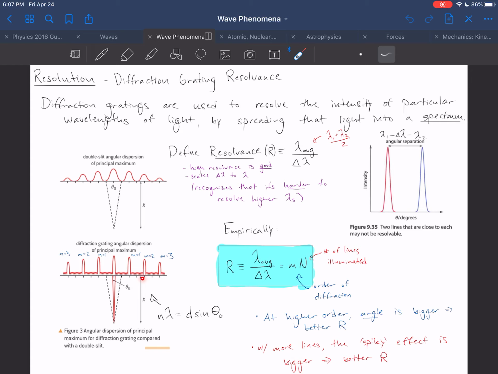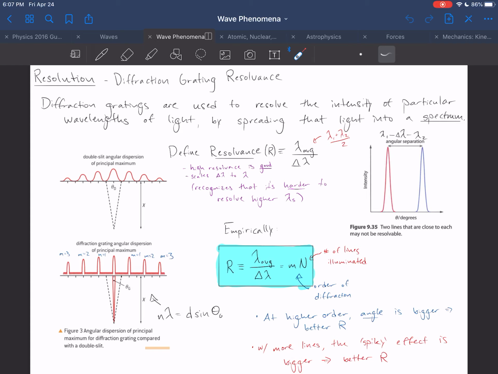a spikier effect. Remember when we compared the double slit effect to multi-slits and multi-slits to diffraction gratings, you want very high spikes in your diffraction grating peaks, because those spikes, you'll have one for red and then also one for blue. And it's the spikes that you need to be able to tell apart.